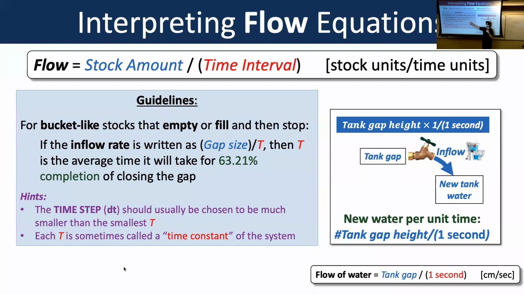And at the time where it hits that, that's what you put into Vensim as the time constant for your toilet model. So this is a way we go from data to models. For these tank type systems, we look for this funny little 63.21% rise time or time constant for the system. And then we choose our DT to be much smaller than this capital T. Again, 10, 100 times smaller.